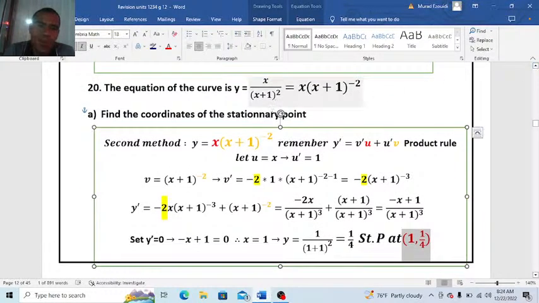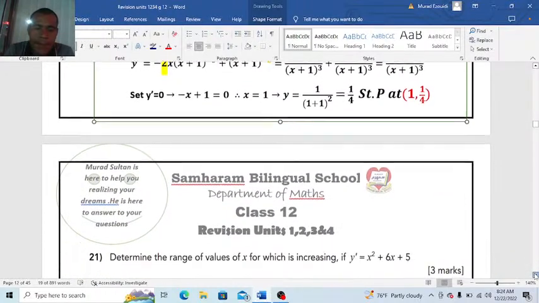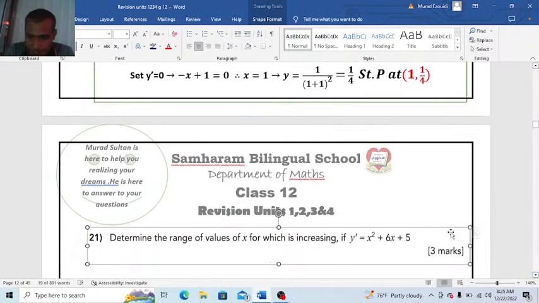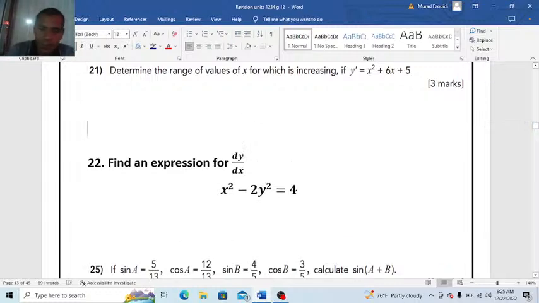I will use this again and solve it using the quotient rule. Okay, no problem. Now I'll move to the next question.